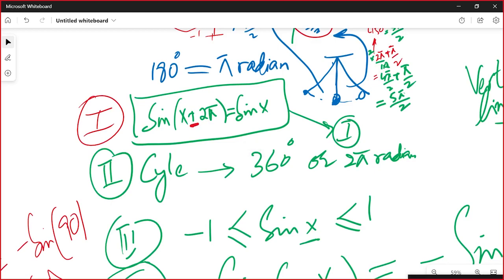It's the same thing as we did for tan, and similarly for cos. The positive and negative is if you want to go left or right. Negative means you move towards the right and positive means left. Okay, so I think we are done for now.